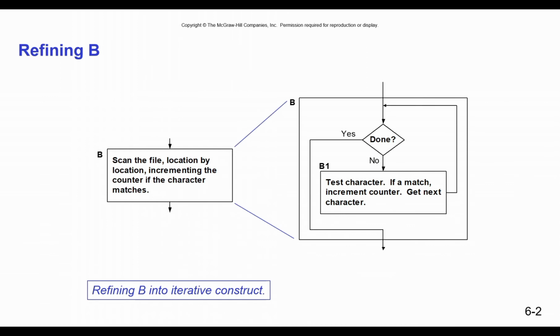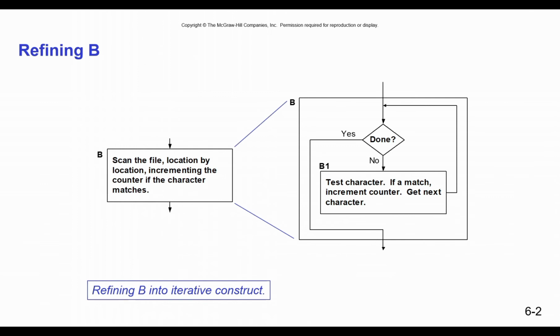The iterative construct can be seen in the diagram on the right. The diagram shows if the result is yes, then the process will continue with the next sequential subtask. While if not, then the process will run B1, that is test character.